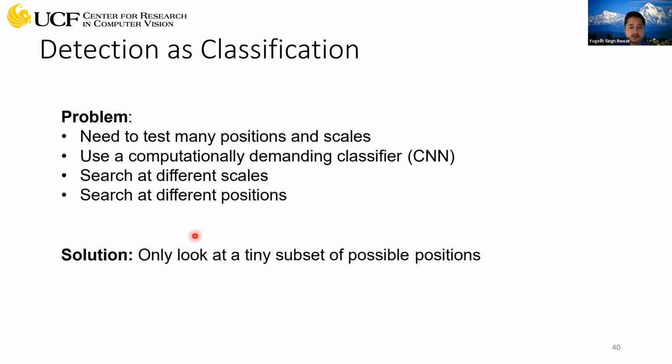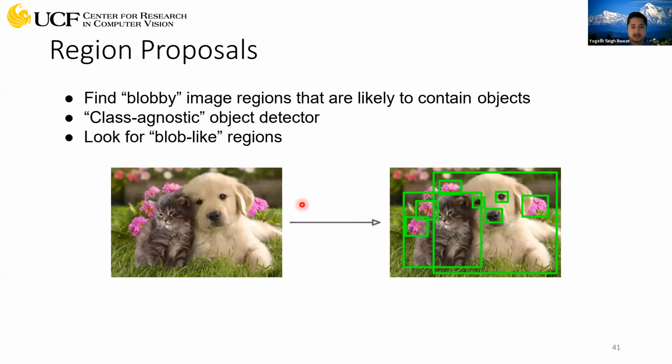Now the solution was, what if we don't have to look at all the possible positions? What if we only look at certain positions where we are confident that objects might be present? Then the idea of region proposals was discussed, where instead of using a sliding window to scan the full image, we only look at certain regions in this image.